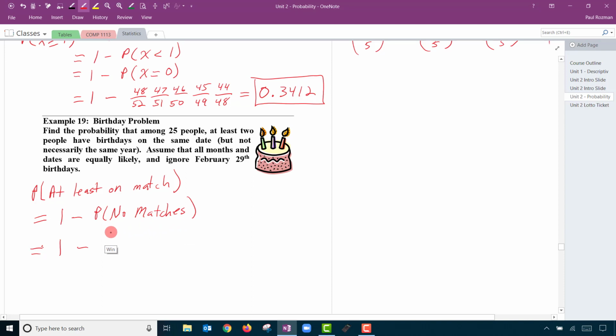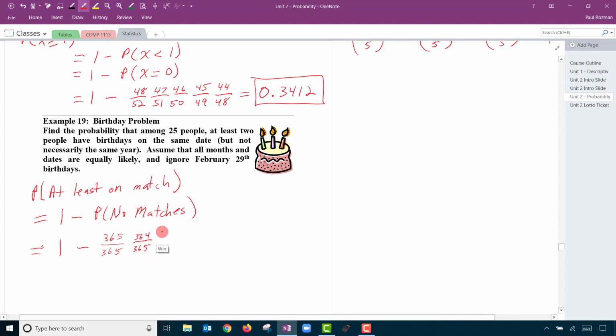So person number 1, they can have any birthday. There are 365 in total. They may have any of the 365. Then person 2 can't match what person 1 had. So they only have 364 birthdays that they could have out of the 365.